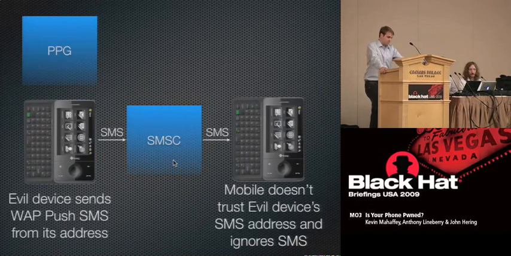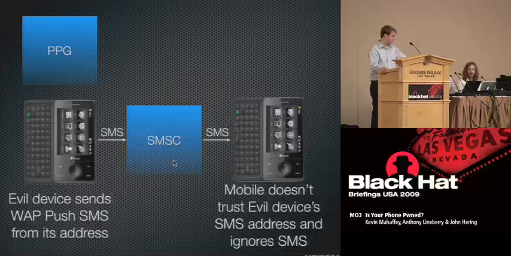Under a bad situation, if the device does not respect the configuration setting to only trust WAP push messages from a specific source, then we have all sorts of problems. Any device on the network can send something through the SMSC, and if the SMSC forwards it to the terminating device, then that device will accept it just as if it came from the trusted push proxy gateway.